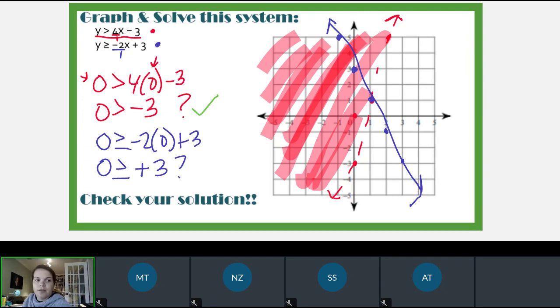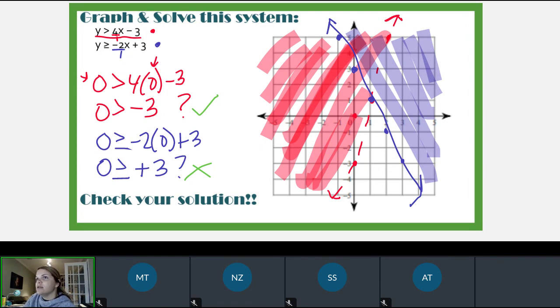What do you think? Is 0 bigger than 3? Right, it is not. 0 is not bigger than 3. So I don't want to include 0 in my solution. So I'm going to shade the other side.